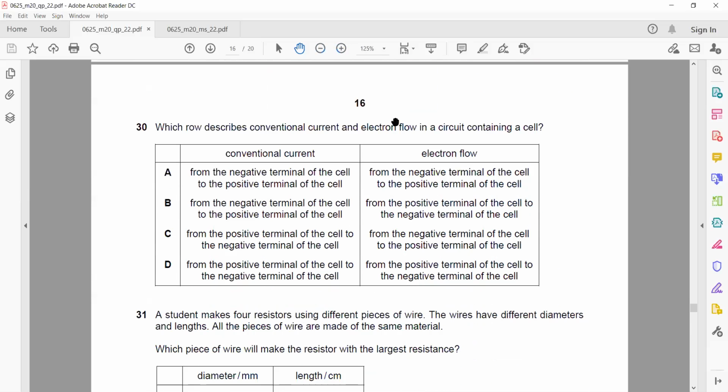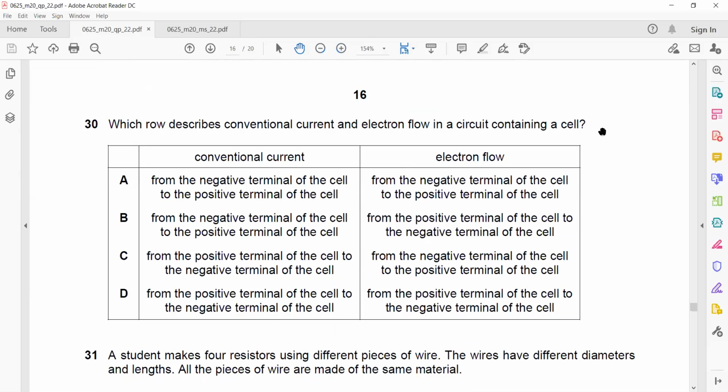Question 30. Which row describes the conventional current and the electron flow? Yeah, that's right. C is the correct answer.